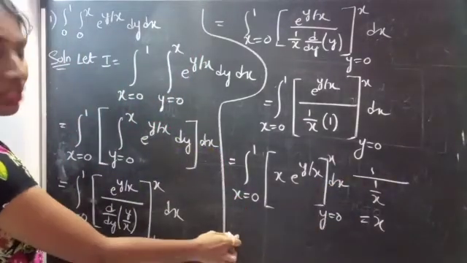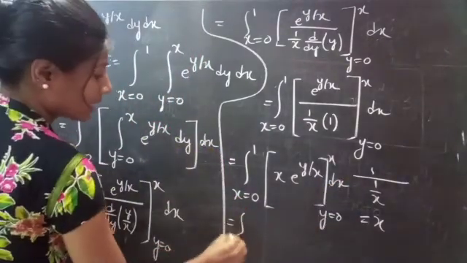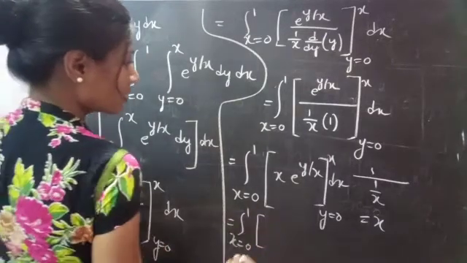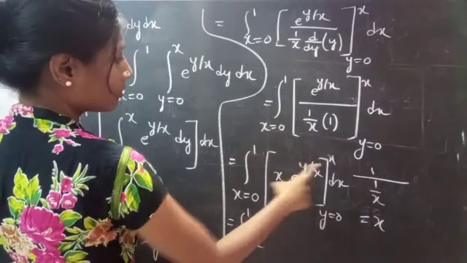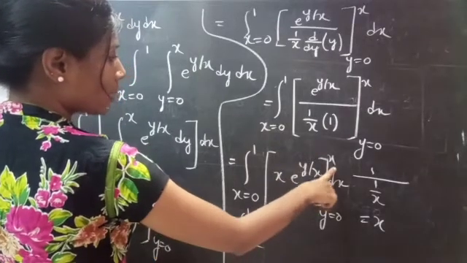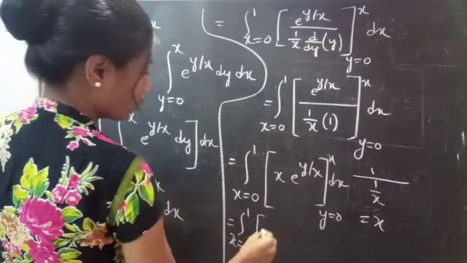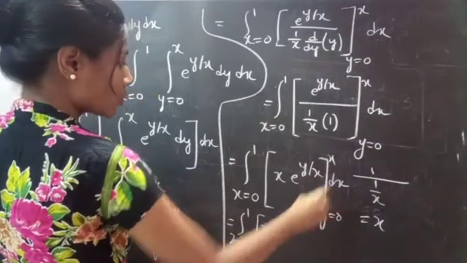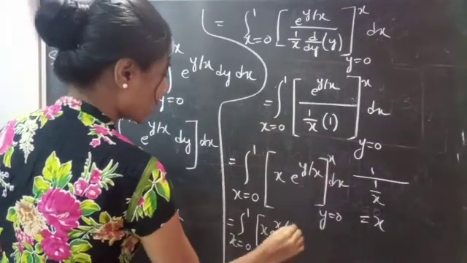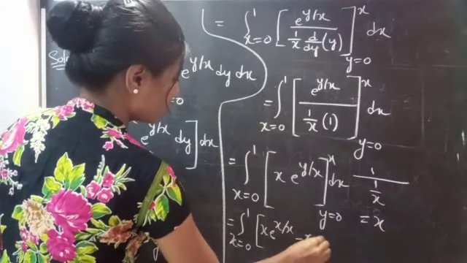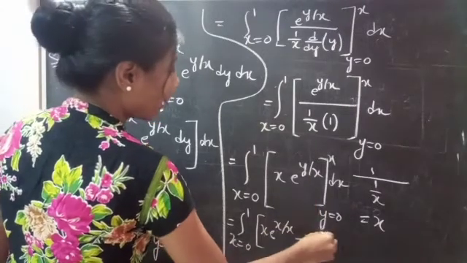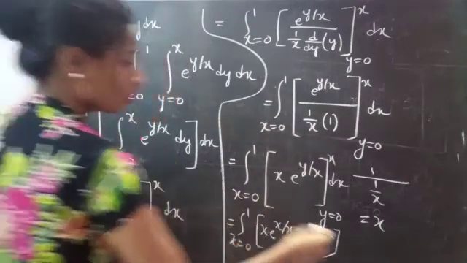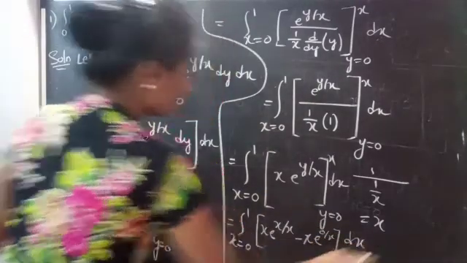So this is equal to integral x equals 0 to 1 into, now apply the limits, upper limit and lower limit for y: y equals x and y equals 0. So x into e power y by x, for y equals x, that is x by x, minus x into e power 0 by x, 0 by x that is 0, into dx.